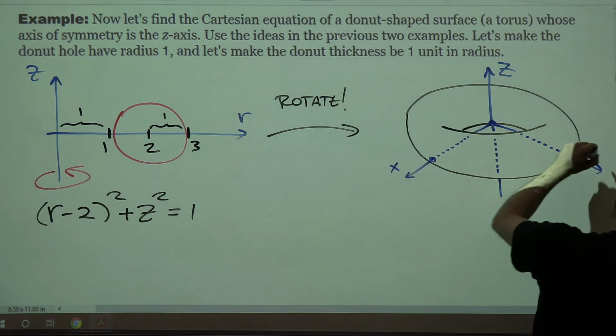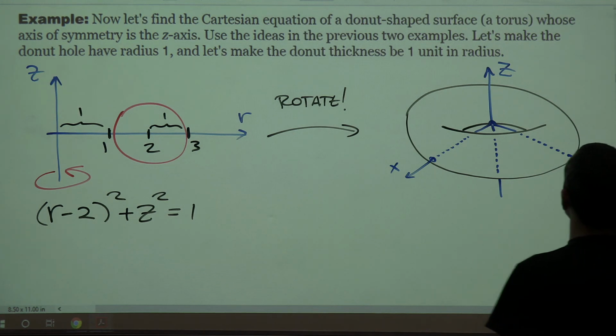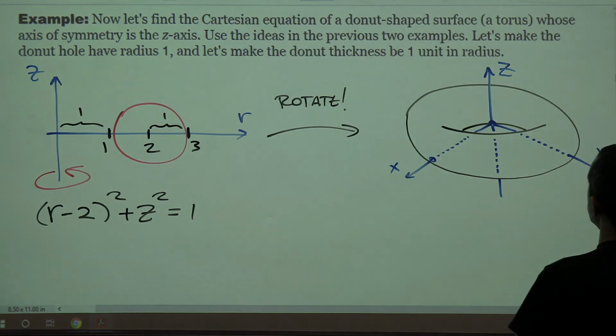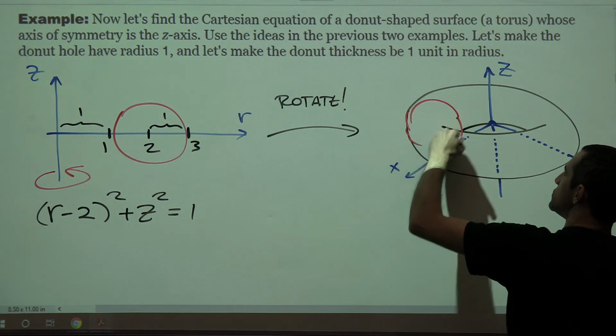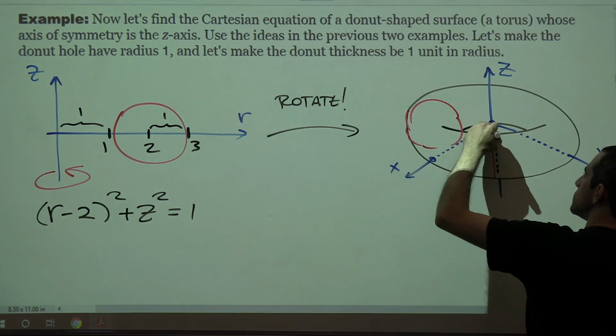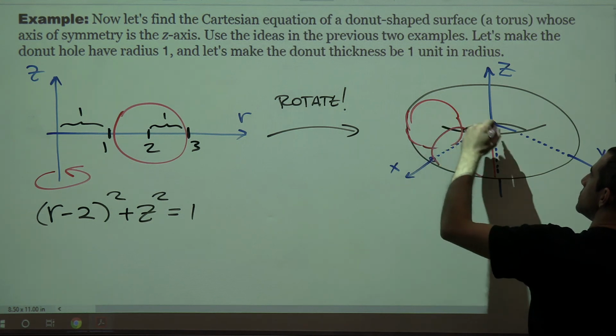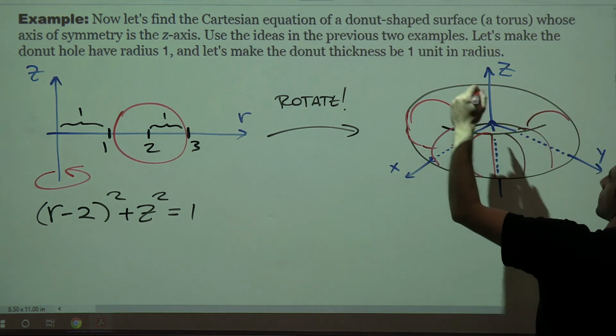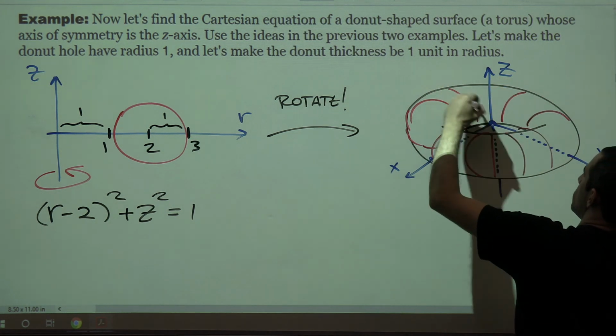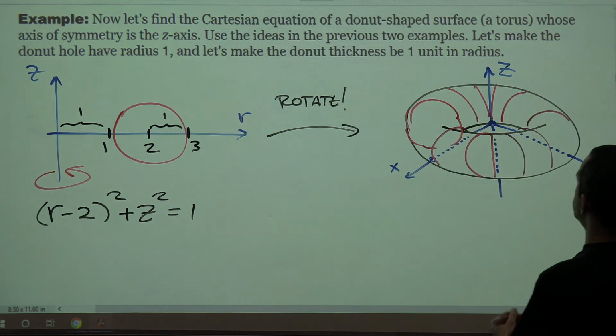So this is the x-axis, that's the y-axis, that's the z-axis. And again, these cross-sections are circles. These radial cross-sections are circular curves.